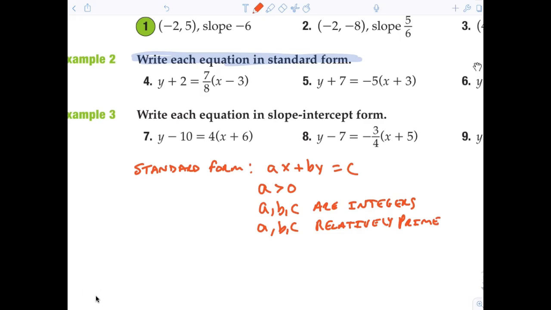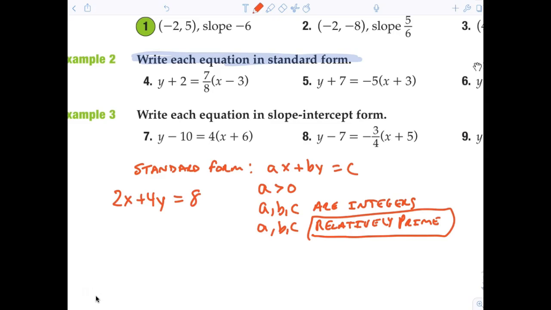So, for example, if I said 2x plus 4y equals 8, is that in proper standard form? No, because I can divide everything through by what? 2. Everybody with me on that? That's what it means to be relatively prime. All right? So now, x and y have to be on the same side, and the number has to be on the other side.